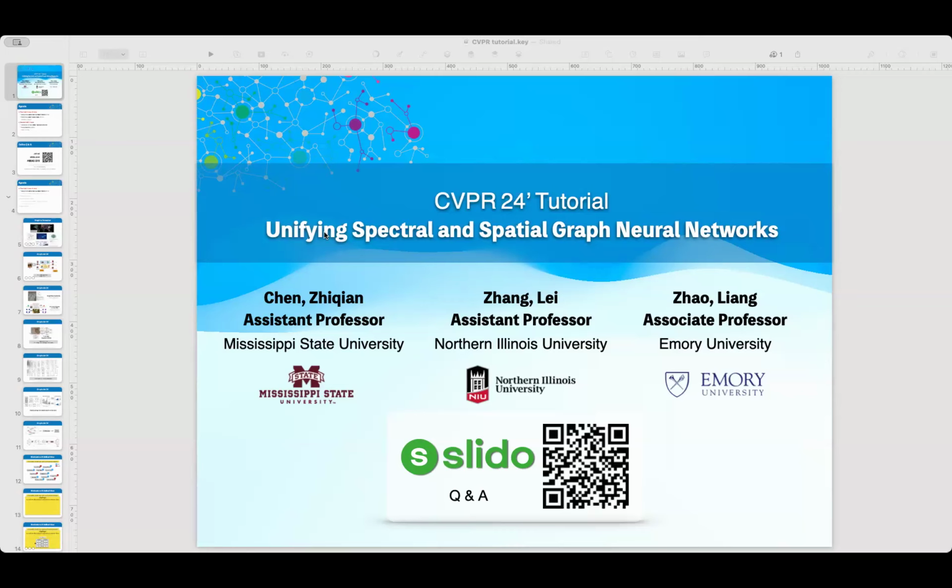The polynomial, interpreted in the spatial domain, can access higher order neighbors. How many orders you can access depends on the polynomial function. But there's a trade-off: when you set a high order of the polynomial, it takes more computational resources, but it should be more powerful. So there's a trade-off.